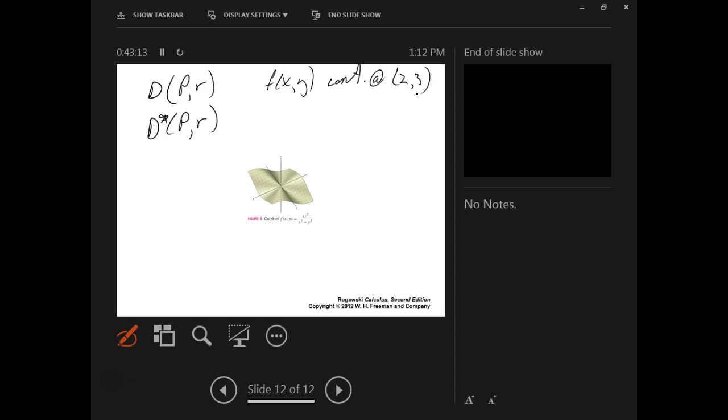And we're also going to assume that f of 2, y is equal to y cubed, okay? For y not equal 3. What is the value of f of 2, 3?